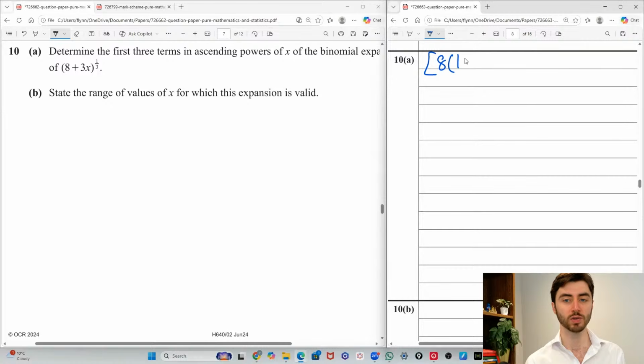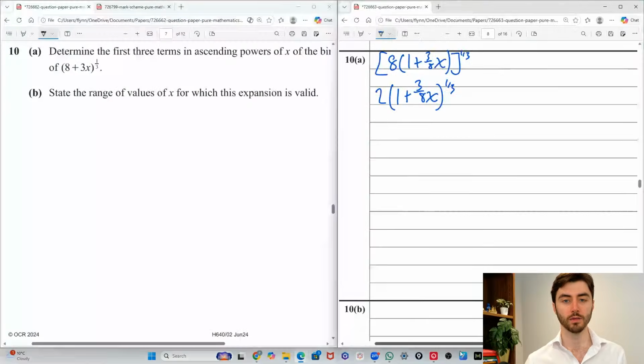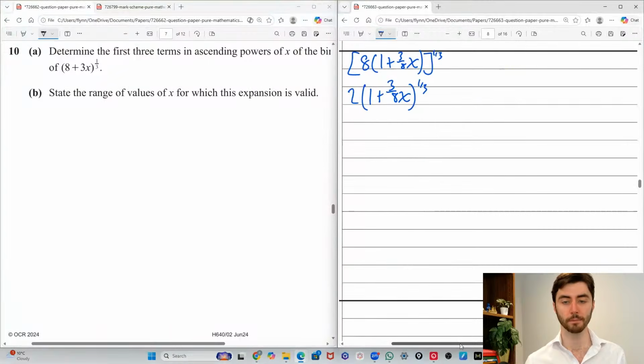That would be 8 into 1 plus 3 over 8x. And that thing is being raised to the third, which means it's 8 to the third, which is 2. And then it's 1 plus 3/8 x to the third. Now I'm going to move this across because I'm going to need some space here.